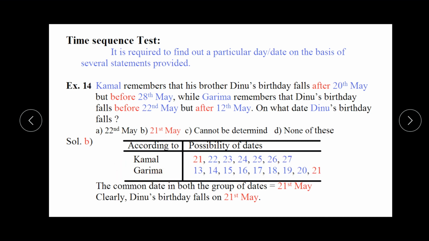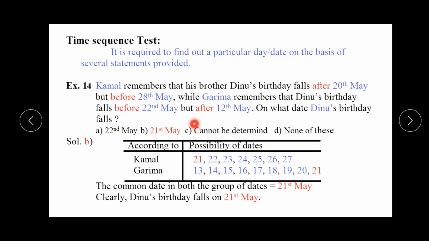According to Garima, the possible dates are 13, 14, up to 21st. In both we check that 21 is common. It means Dinu's birthday is on 21st.